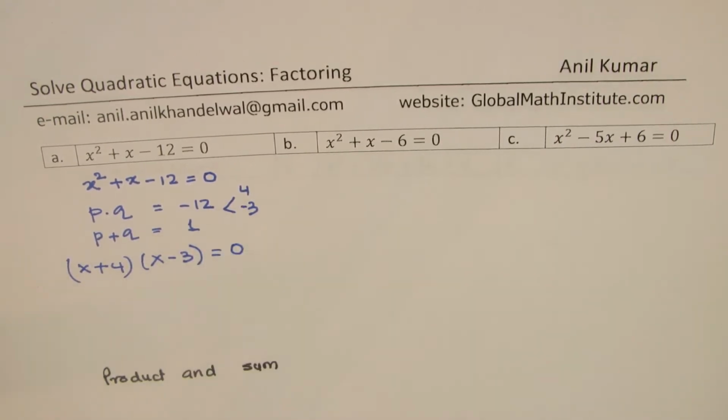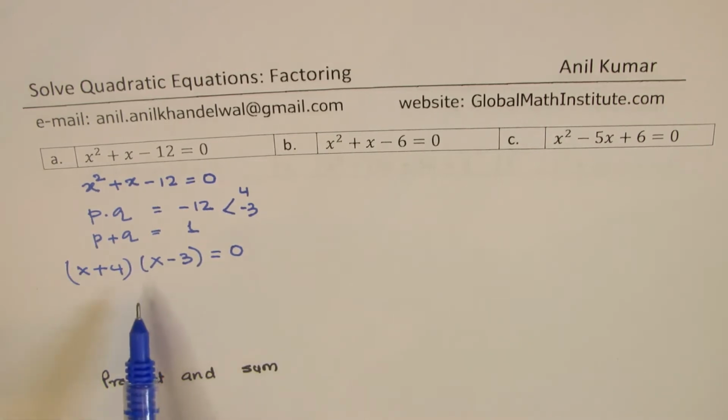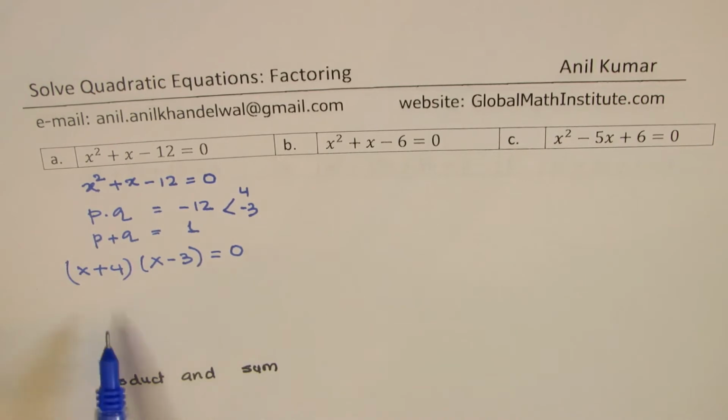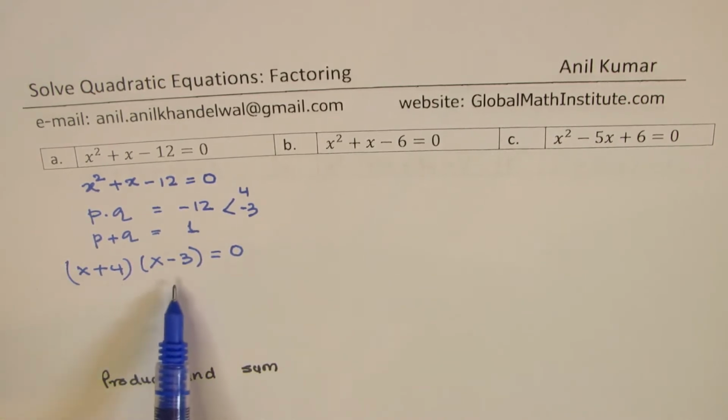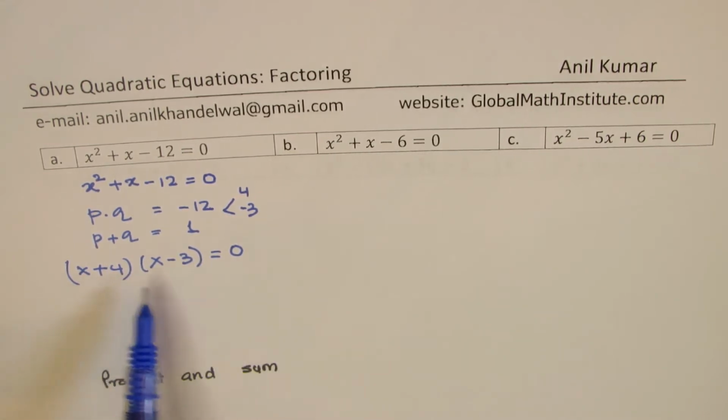If you find this difficult, then you have to look into the previous section where we focused more on factoring. Now here we are focusing on solving a quadratic equation by factoring. So once you factor, we need the left hand side to be equal to 0. That is possible if these factors are 0.